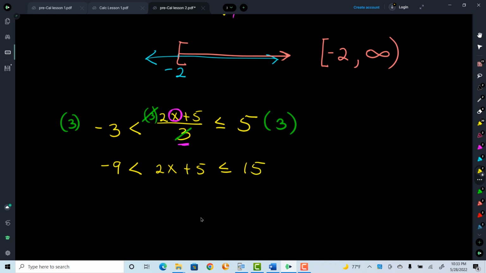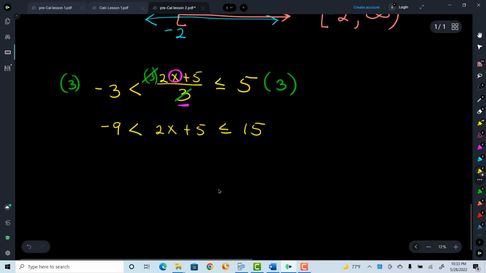Okay, now we're going to continue to try to get rid of everything except for the x. So we're going to subtract 5, but we have to do it everywhere. So this becomes -14 less than 2x less than or equal to 10.